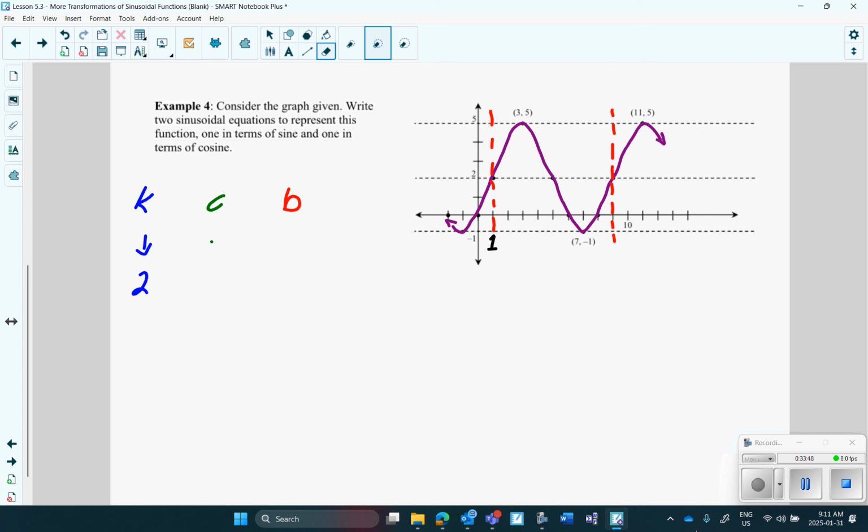So therefore, the period is starting here, 1, 2, 3, 4, 5, 6, 7, 8. The period is 8. So 2 pi over 8, which is pi over 4.